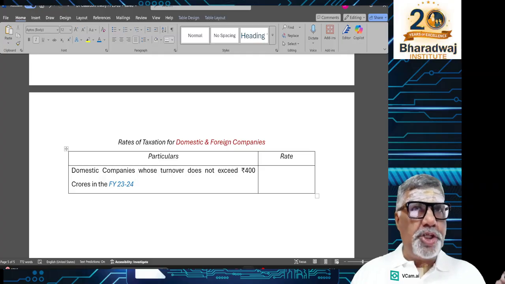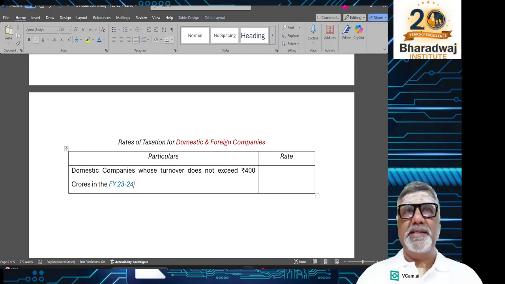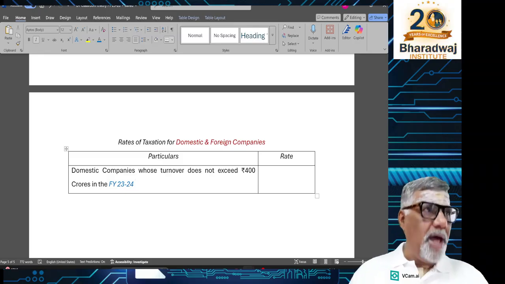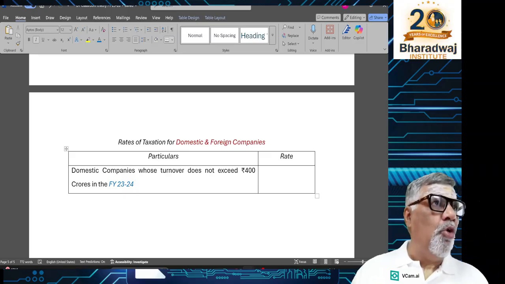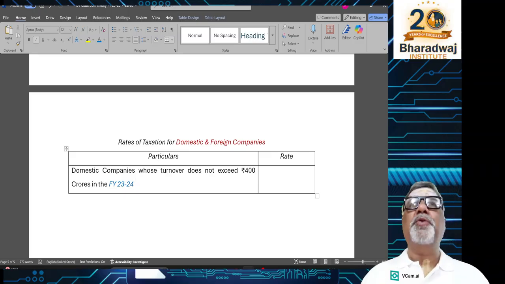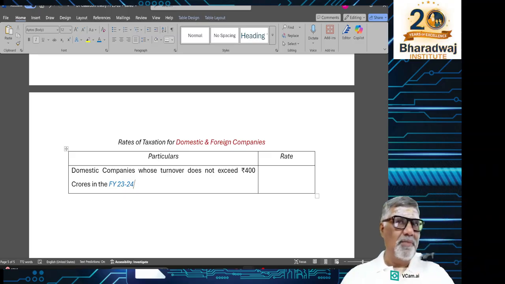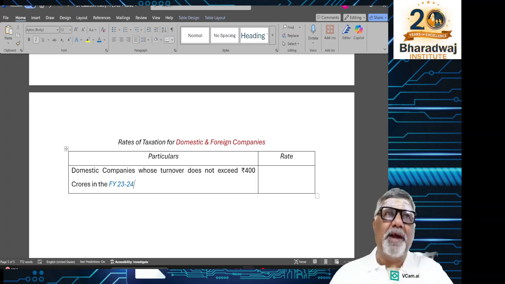For the financial year 25-26, audit of accounts and all other formalities would have been over only for the year 23-24. Suppose the law had said 24-25.